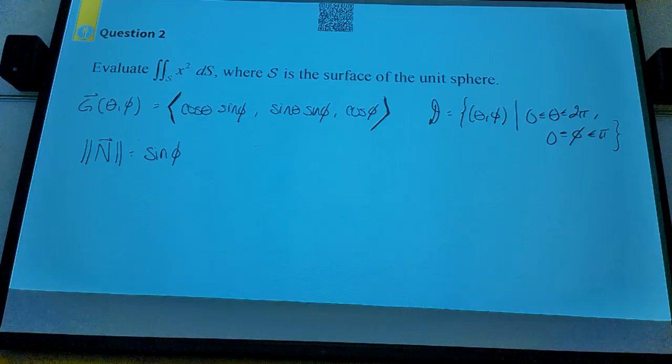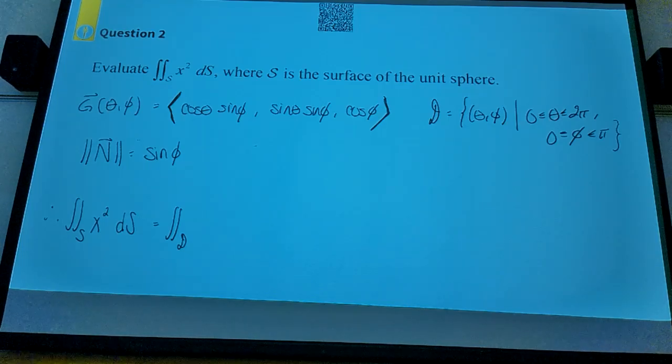What is our radius? It's a unit sphere. Radius is 1. We're going to be integrating over our domain.